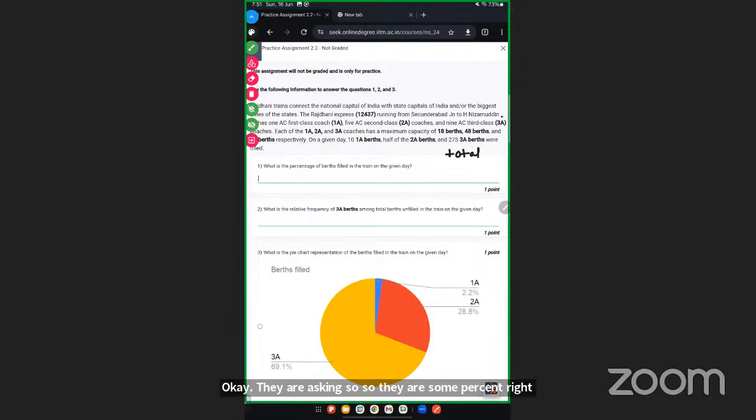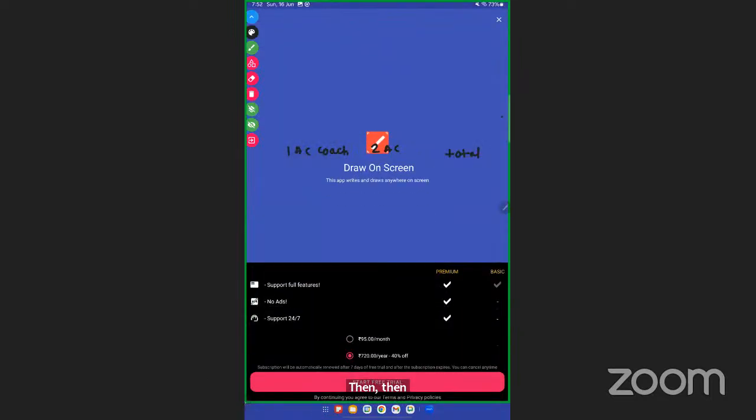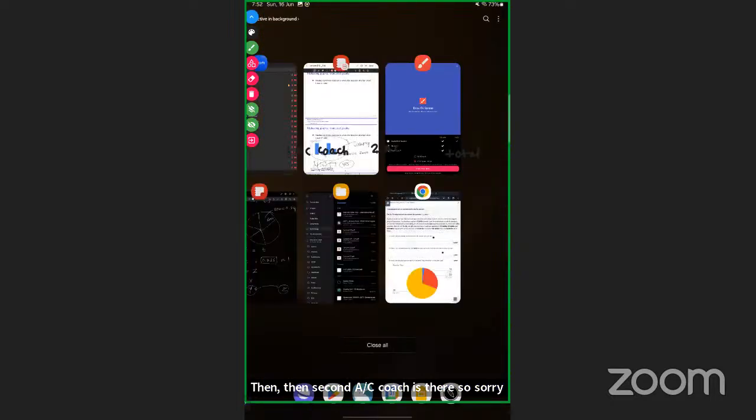The train has 1 AC class coach, 5 second AC coaches, and 9 third AC coaches. Coaches and berths are different, so each coach contains some berths.